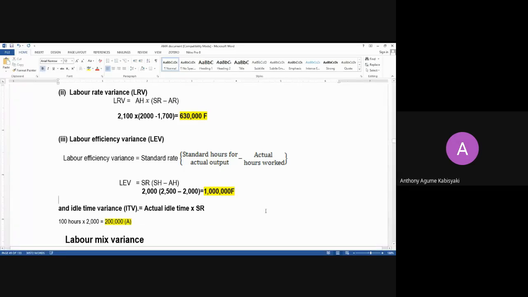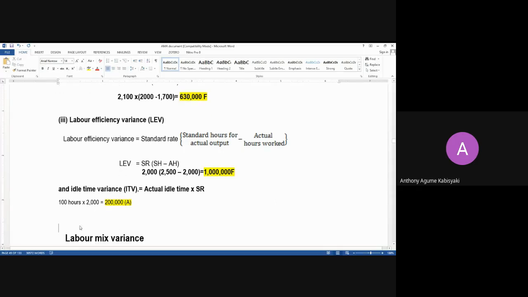So now, when I add these three, you need to know that the summation of labor rate variance plus labor efficiency plus idle time variance should give us a labor cost variance.